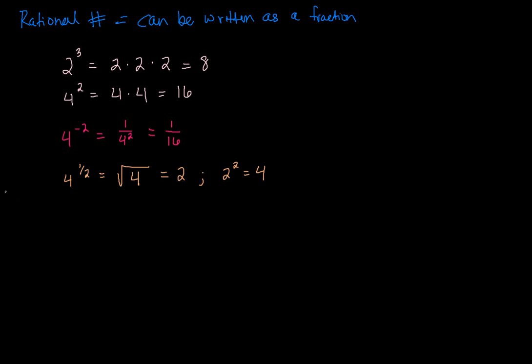Now let's make sure that we're being thorough here. Let's say we did 8 to the 1/3. This would be the same thing as the cube root of 8. One thing I didn't mention is that this 1 here doesn't go away. It stays here. And this 2 just comes out to the square root side. This 3 and this 1 are doing the same thing.